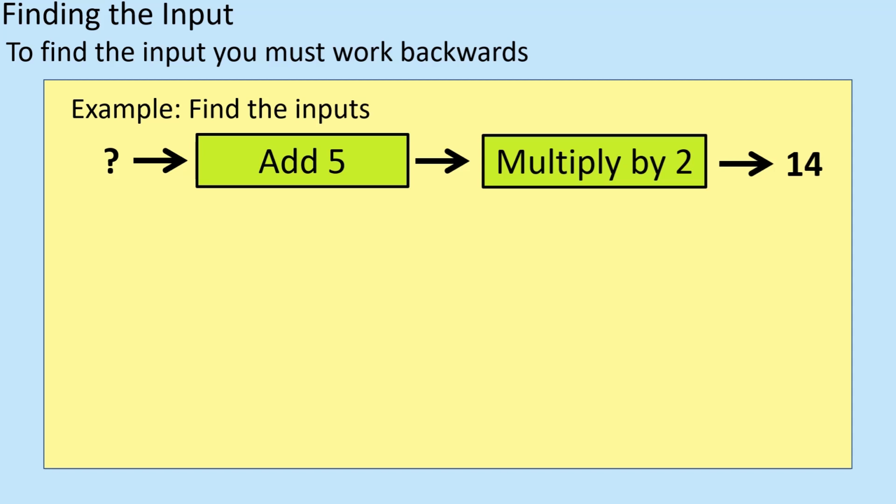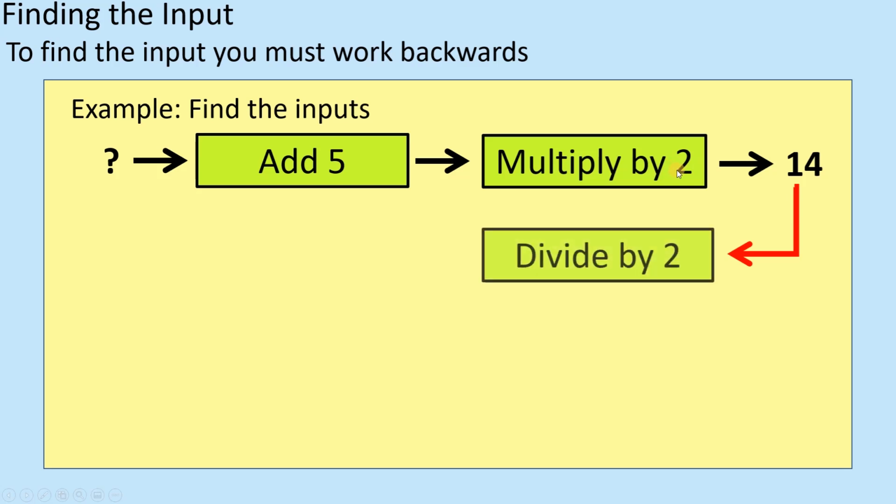But what happens if I'm trying to find the input and I've got the answer at the back and I'm trying to find out what's gone on? Well, this is about working backwards. If I consider this first example, I added 5 and then I multiplied by 2 and I got my answer of 14. If I am going to work backwards, then I need to consider how to go back from multiplying by 2. I need to do the inverse of that, which is divide by 2. So what's 14 divided by 2?